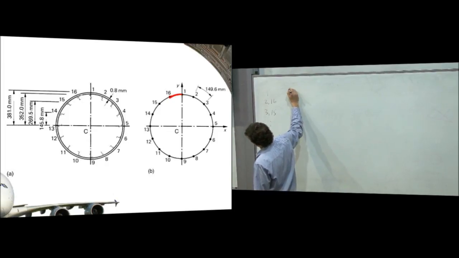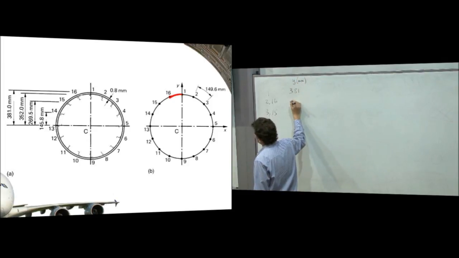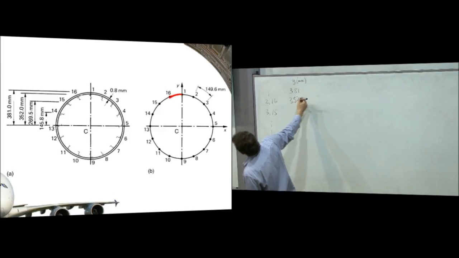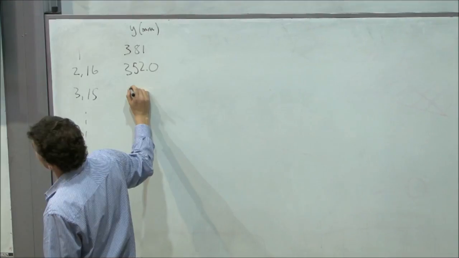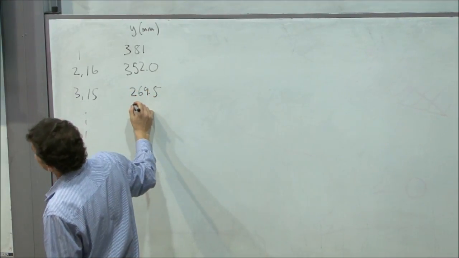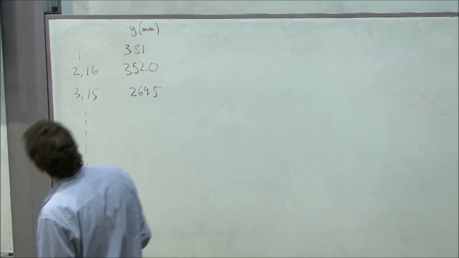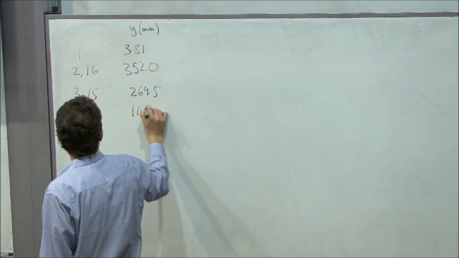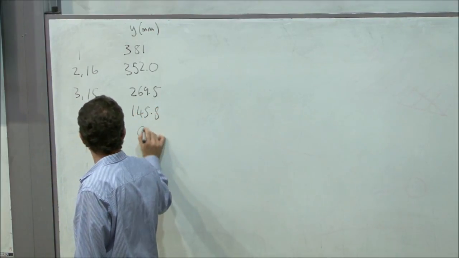Now, the top one is 381, then 352.0. We're getting a bit silly with our significant figures here. Then 269.5, 145.8. The next one is 0.